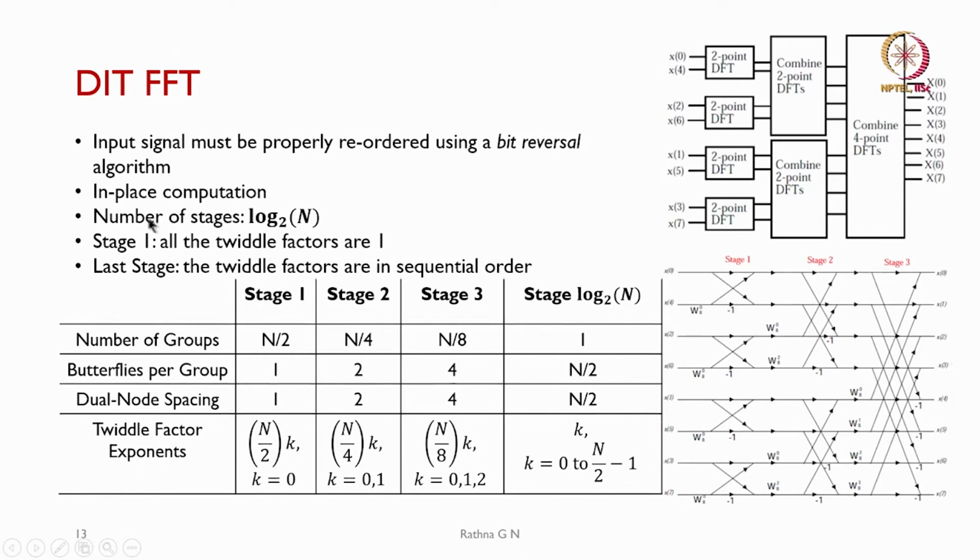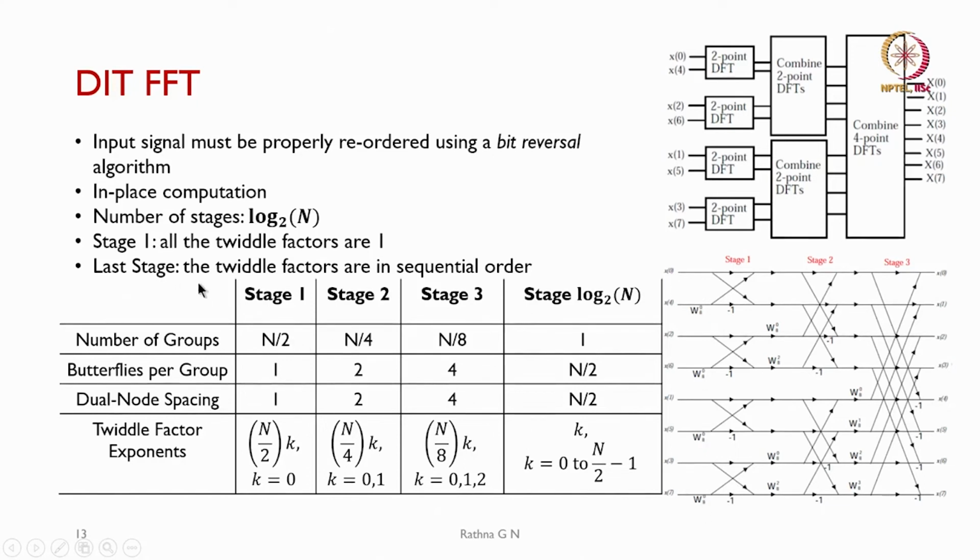And then next is how many stages we have to do. We say n is equal to 8, and we have seen that we need 3 stages, that is log to the base 2 of n, which is going to be 3. In stage 1, we know that all the twiddle factors are W8^0, which is 1 in this case.